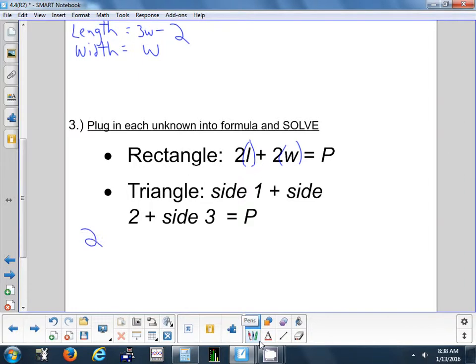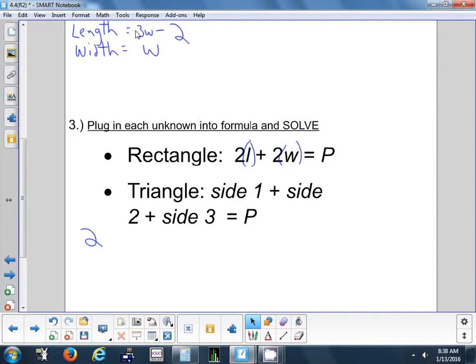Right now, when I set up my values up here, my length and width, what's my length? Exactly. That's what I'm plugging in for length. All I know about length right now is it's 3w minus 2.